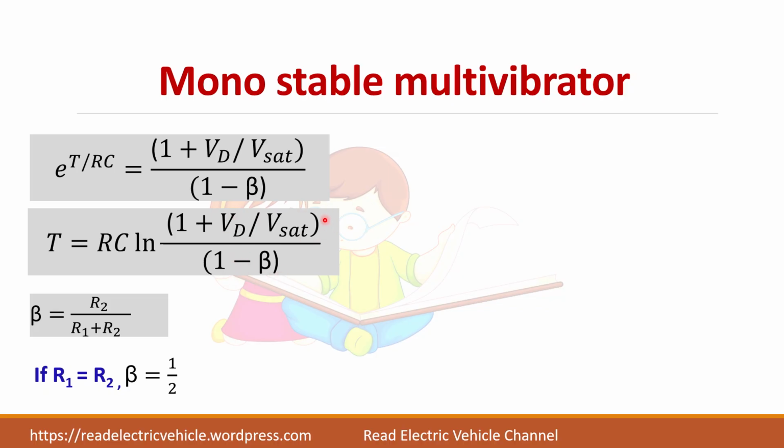Now another thing is here Vd and Vsat. We know Vd is 0.7 volt, the diode voltage drop, which is very small compared to the saturation voltage, which is plus or minus 15 volt. So in that case, T is equal to, if you substitute this one, 0.69 RC.